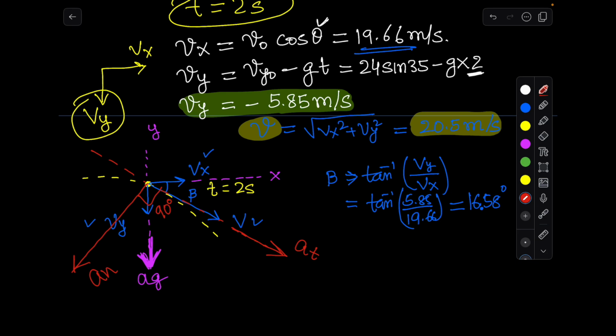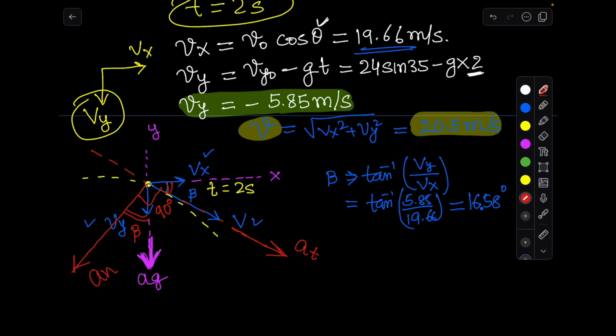Okay guys, so now we have the an and at vectors, but we do not know exactly the angle. From this geometry, this beta is also equal to the beta here. This will be the same angle.